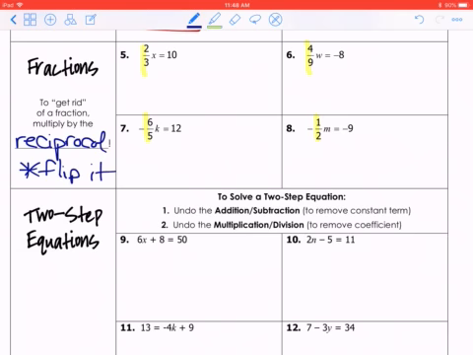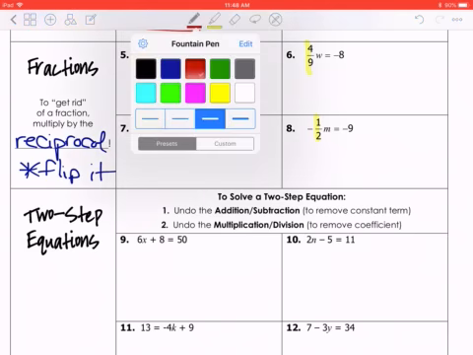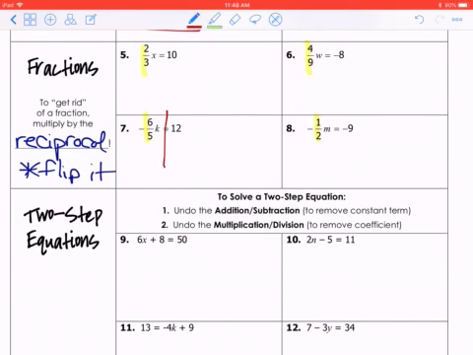So if we do number 5, when we go to solve this one, right now it's negative 6/5 k is equal to 12. So if I want to get rid of that, I'm going to multiply by negative 5 over 6. Over here, I'm going to multiply by negative 5 over 6. Now, when you multiply by a reciprocal, here's what's going to happen.